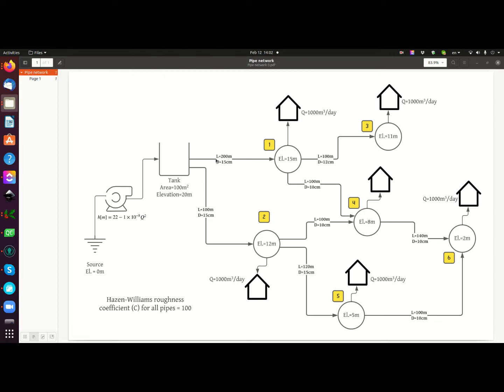The properties of the pipes are also given, including the length and the diameter. Now, this plugin of OpenHydroQual that I'm going to use uses the Hazen-Williams equation to calculate the head drop versus flow rate in the pipes.